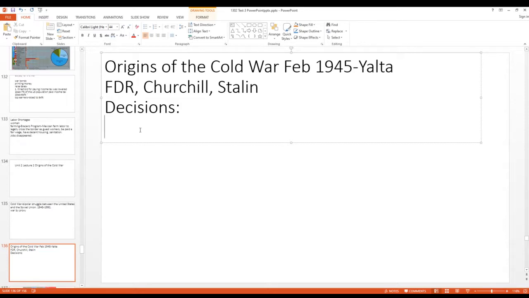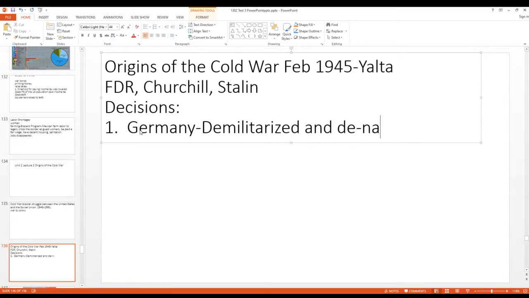One of the important decisions is what is to be done with Germany once the war was over. And Germany is going to be demilitarized and denazified. They're going to break the Nazi Party's hold over these people.